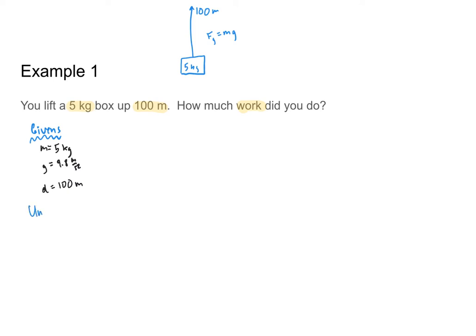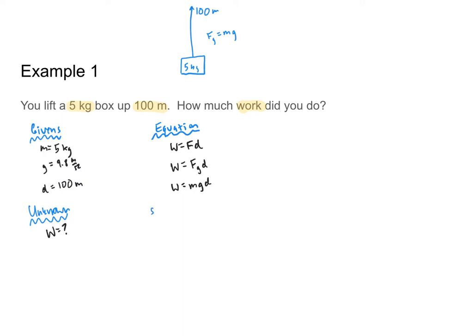My unknown in this situation is the work that I'm doing on the box, which we're again going to represent by that letter W. I know that my equation for work is equal to force times displacement. In this case, my force is the force of gravity, or equal and opposite to the force of gravity. So that means my work is equal to my mass times little g times my displacement.